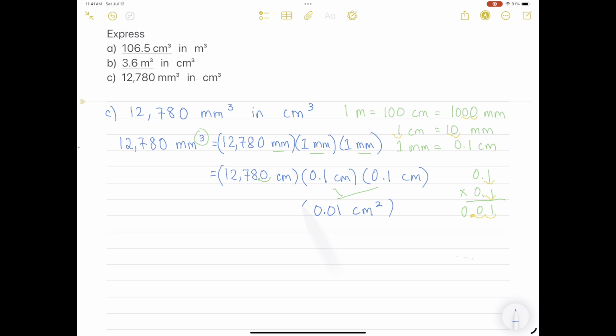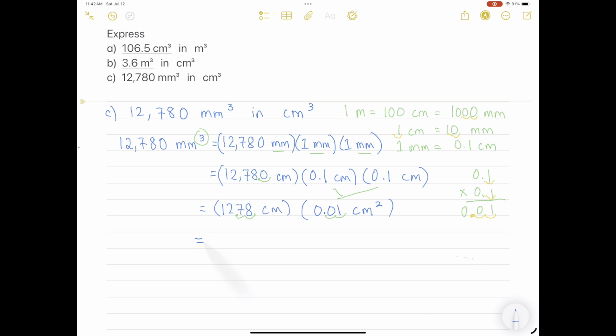And I multiply that with 1,278 centimeters to continue the problem. So 1,278 times 0.01, I take the decimal point behind 8 and move it 2 places to the left to get 12.78.